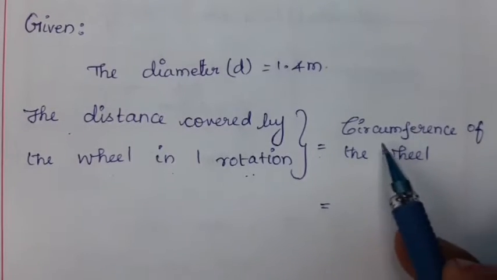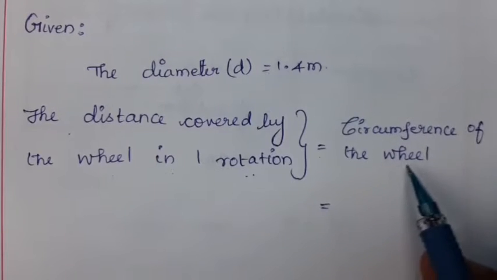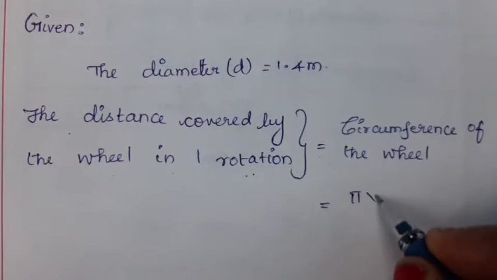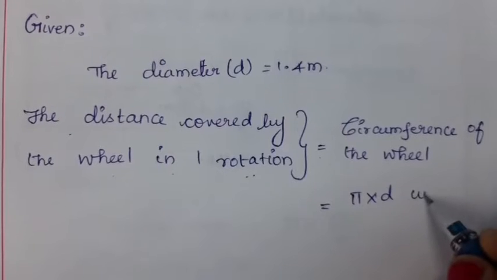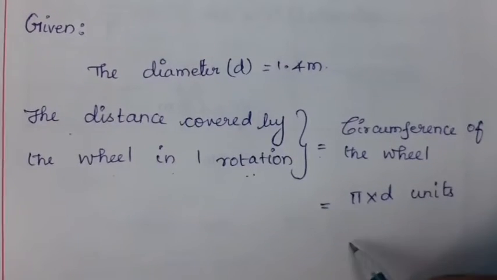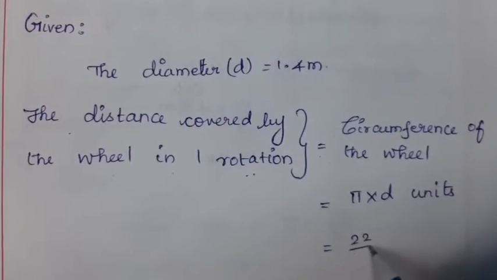We know that the formula for finding the circumference of the circle is equal to pi into d units. Here 22 by 7 is the value of pi and 1.4 meter is the value of d.